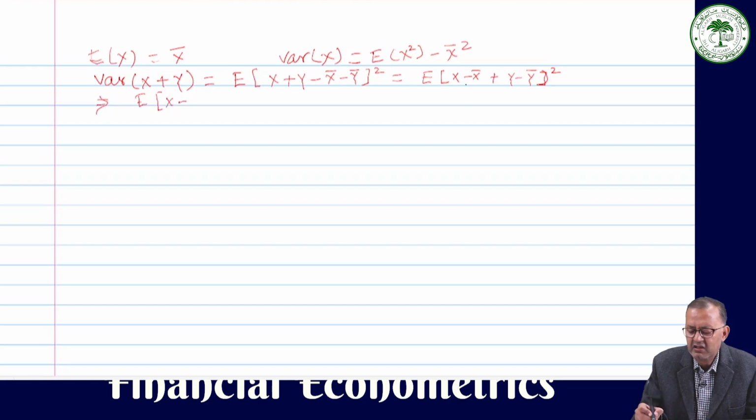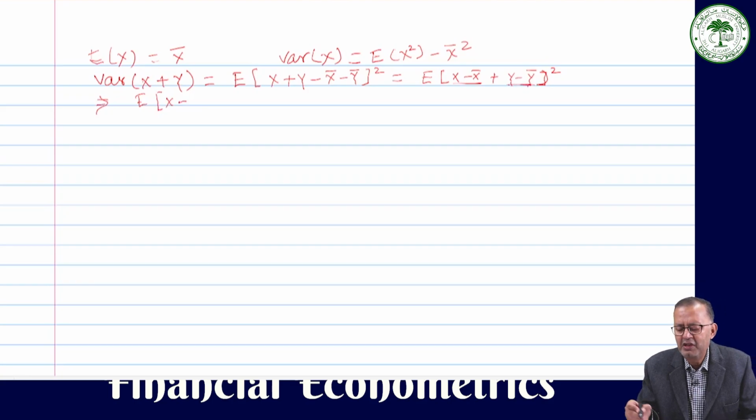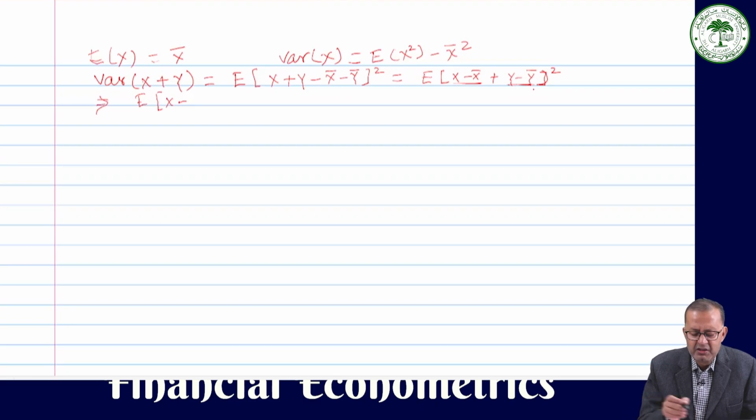We take this as a, this as b. So (a plus b) whole square, if we apply this formula, will be equal to a square plus 2ab plus b square. So this is equal to the expected value of (x minus x bar) square plus twice the expected value of (x minus x bar) into (y minus y bar) plus the expected value of (y minus y bar) whole square.